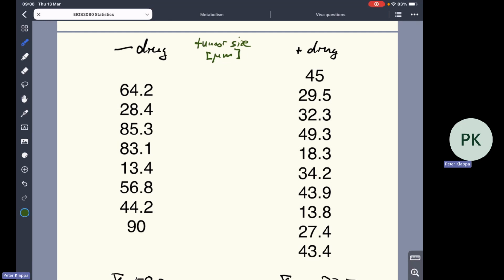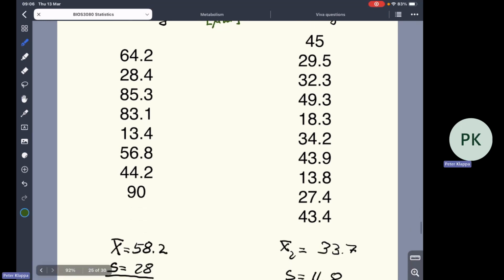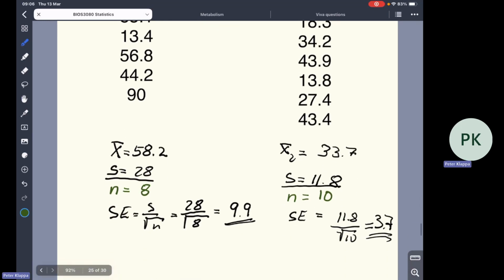We wait for the drug to act, and we then measure the diameter of the tumor. So this is our data set that we obtain in, say, a clinical trial or clinical study. And what we can do now with that is a little bit of statistics.